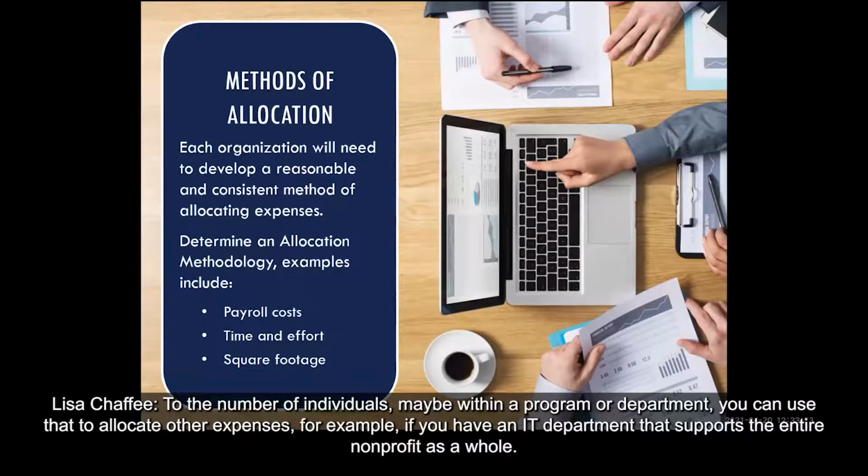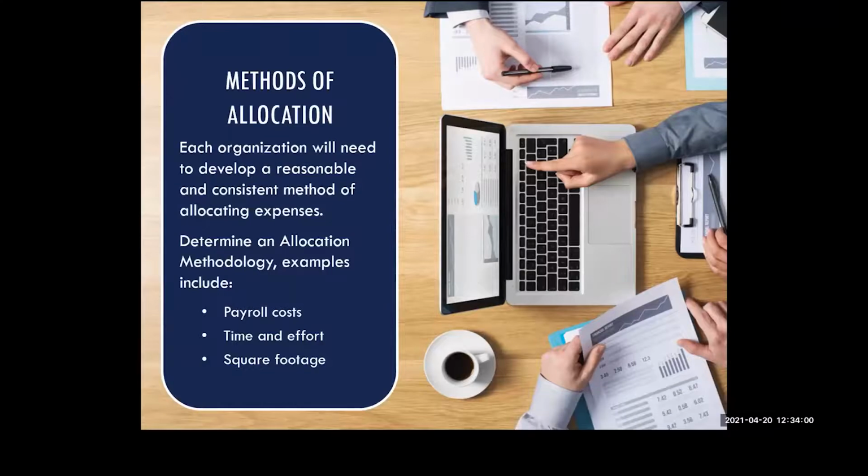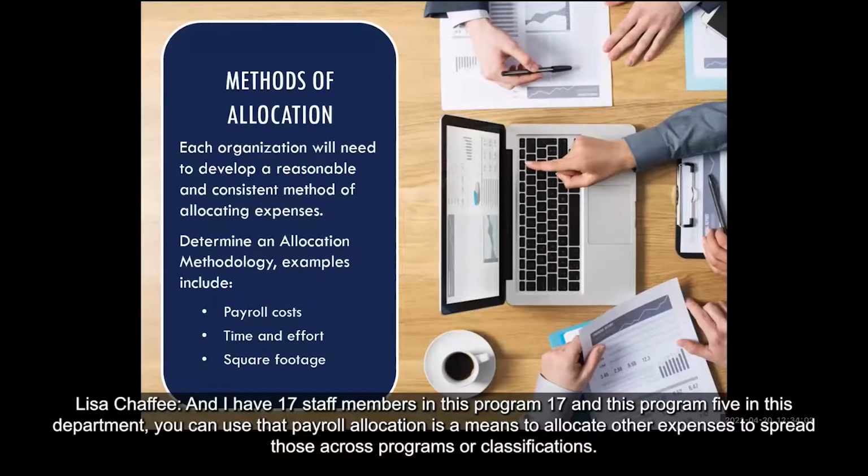You can use that to allocate other expenses. For example, if you have an IT department that supports the entire nonprofit as a whole, and I have 17 staff members in this program, 17 in this program, and 5 in this department, you can use that payroll allocation as a means to allocate other expenses to spread those across programs or classifications.